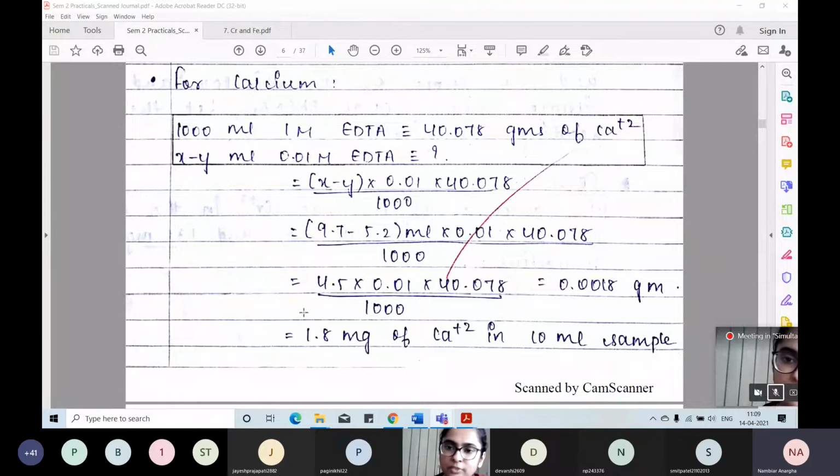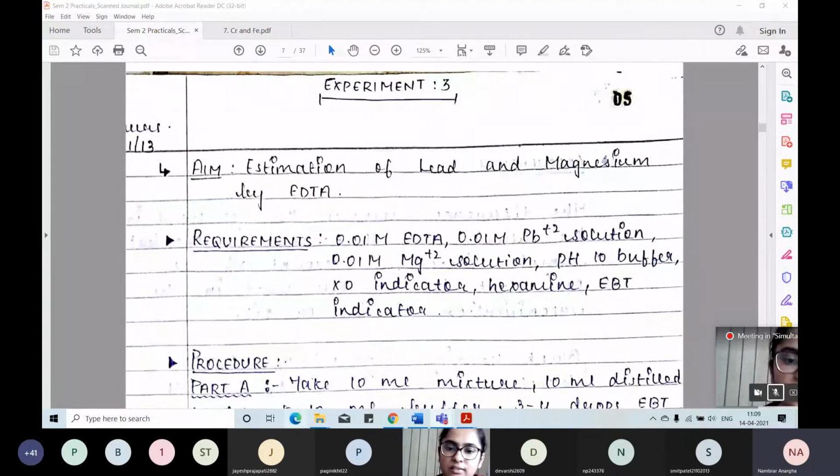So you see how it is determined. You have a mixture in which this much amount of zinc was present and this much amount of calcium. The calculations are very simple, and this is how it is done.